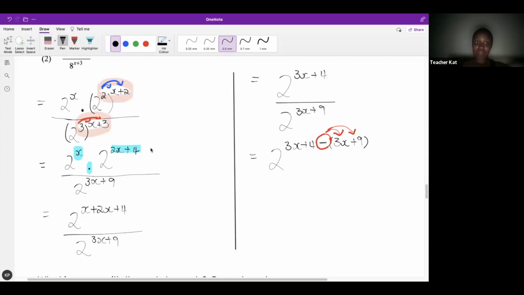So you must be very, very careful. Okay, so this is actually 2 to the power of 3x plus 4 minus 3x. And what's my last term? Minus 9.